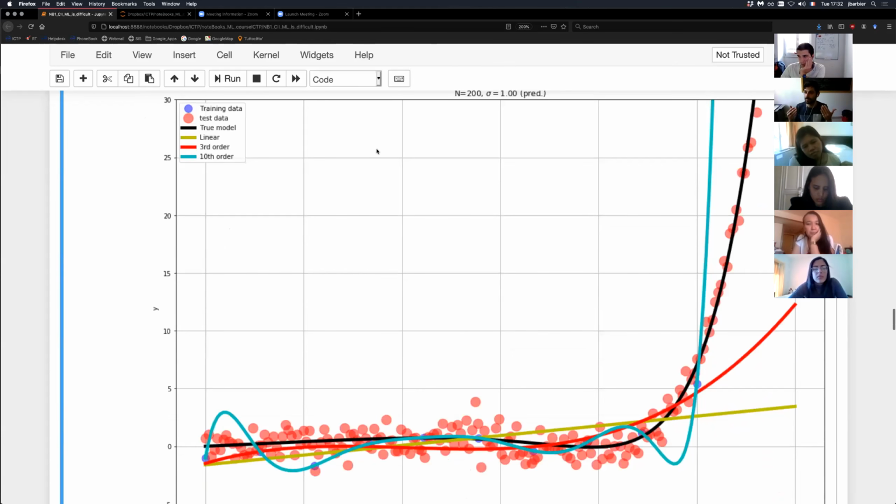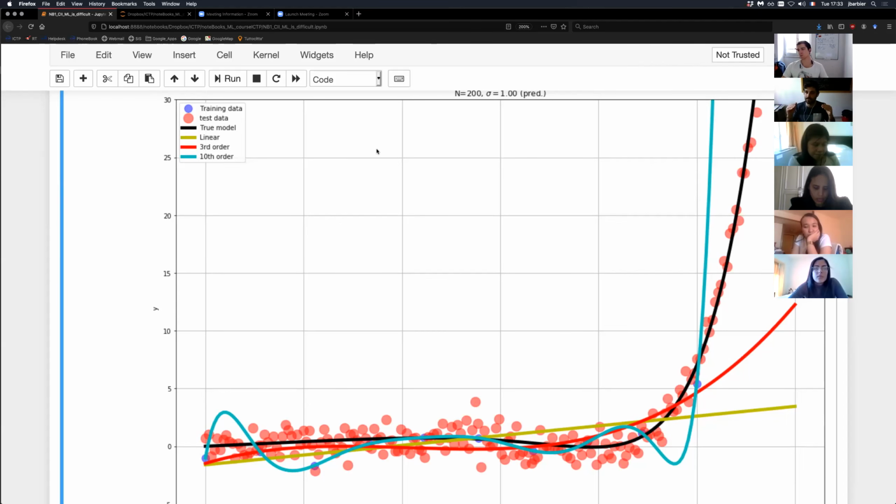Why the third order? Because given this data set, having a polynomial of order 3 seems to be the best trade-off between model complexity, model richness, in this case the number of monomials in our decomposition, and the fact that we have stochasticity due to noise and due to the finiteness of the data.